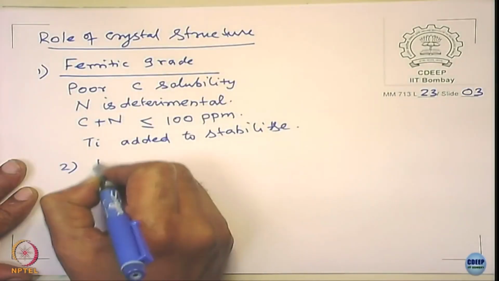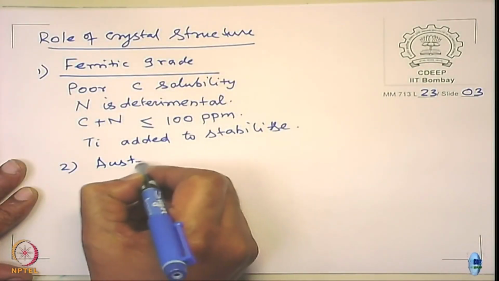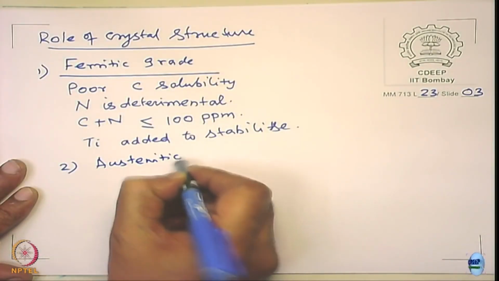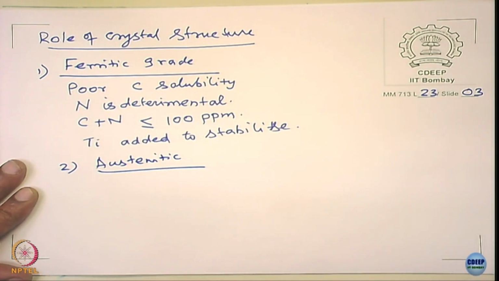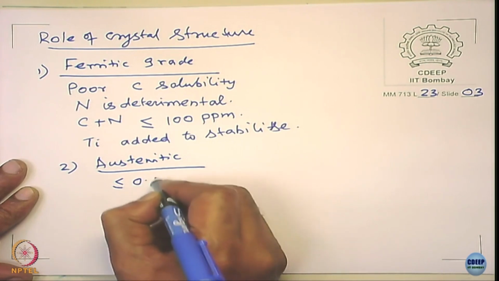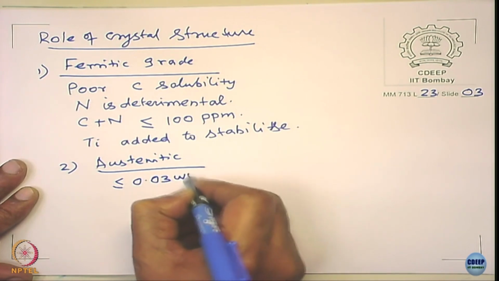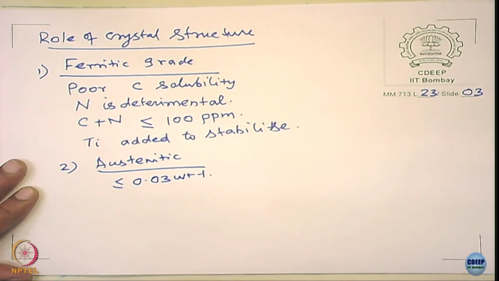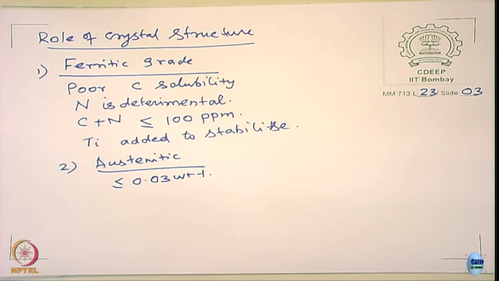So ferritic stainless steels are more problematic compared to the austenitic grade stainless steels. Austenitic we have discussed very extensively before, right? Here the carbon content can be less than 0.03% because the solubility of carbon in the austenite is better as compared to this.